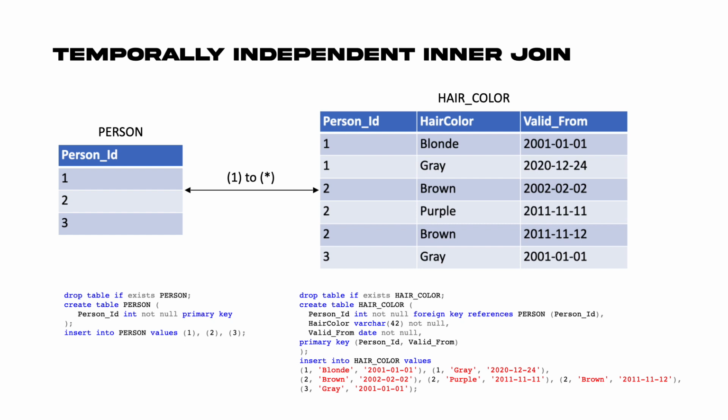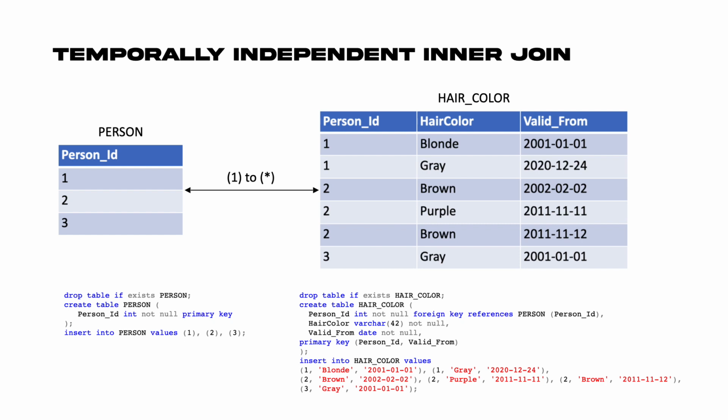And then we have person 3 in this case, where that person has had gray hair as well. And in this case, we're also guaranteed that there is at least one row in the hair color table for each person.